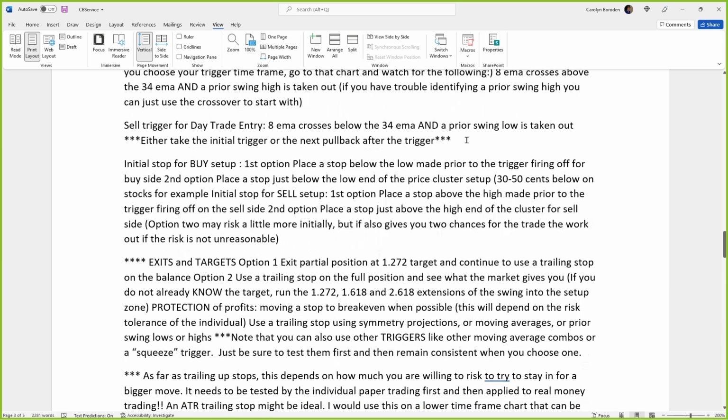And then just the basics, for a day trade entry, on the sell side, the 8 EMA crosses below the 34 EMA and a prior swing low is taken out. You can either take that initial trigger when it occurs or the next pullback after the trigger.